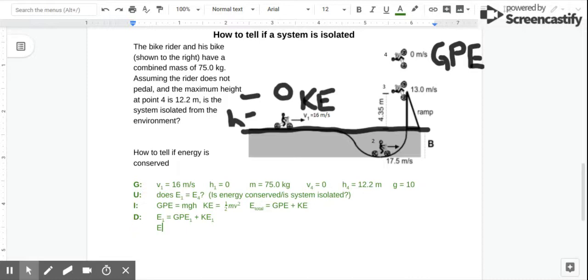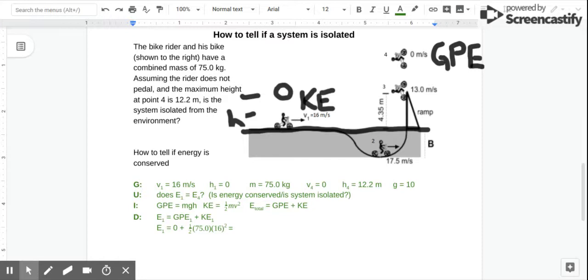We know GPE is 0, so we write 0 plus 1/2 times the mass, 75.0, times 16 squared.